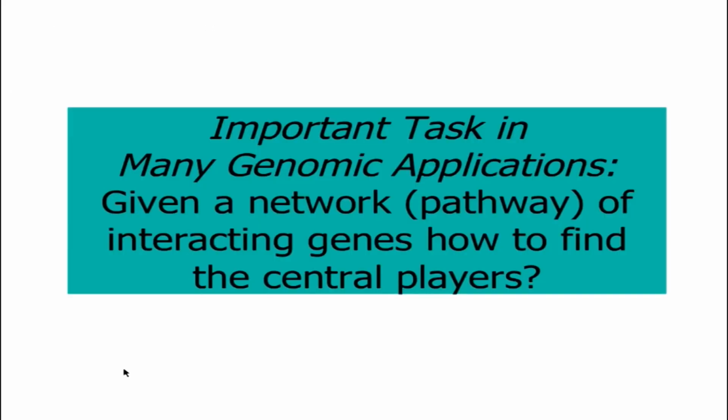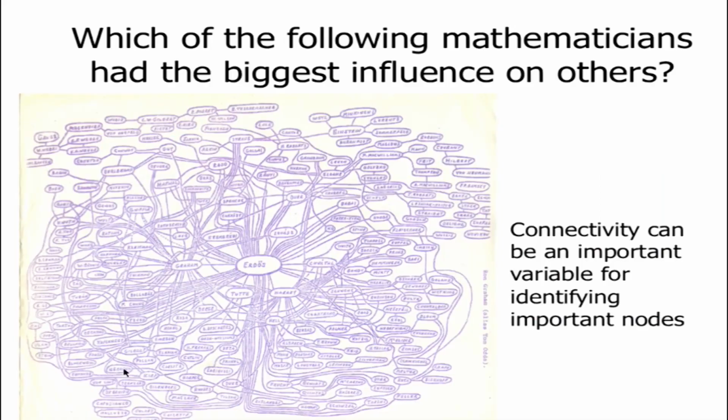Let's come to another task in network analysis, which is, if we have found, for example, a network of interesting and interacting genes, how do we find the hubs? And to give you a social network analogy, I show here a co-authorship network where each entry corresponds to a mathematician, and they are linked if they co-authored a math paper together.